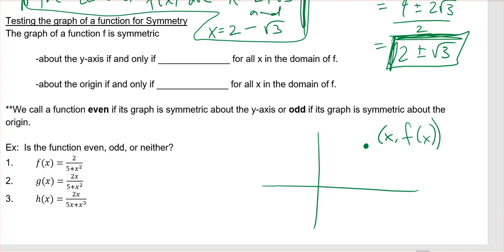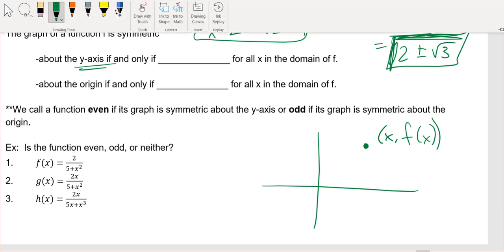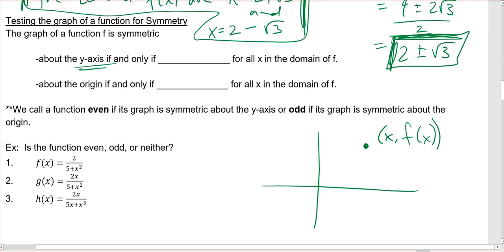So if I have a function and it has that point right there on it, if I've got y-axis symmetry, I'm also going to have a point over here. And maybe I'll put that in a different color. So if I've got y-axis symmetry, then that point right here is going to need to be there.